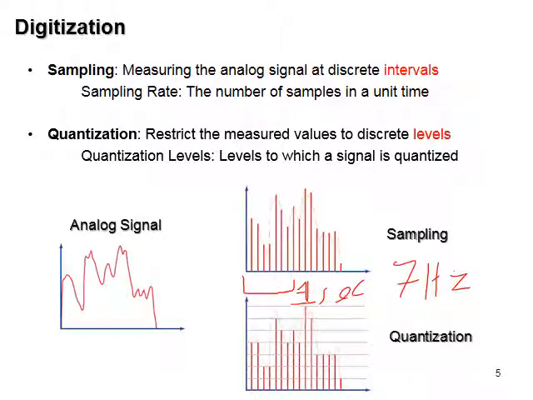Now imagine that someone else decided to do sampling for the signal. I'm going to draw it on the analog signal here. Let's talk about an extreme case: taking one sample, measuring this sample, and measuring this one, and then measuring this one.